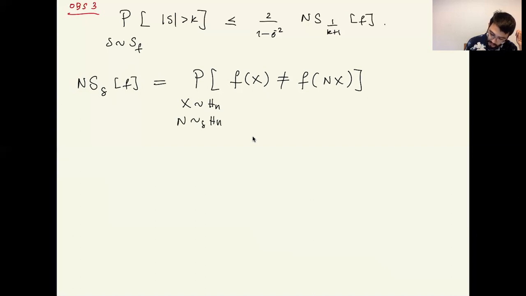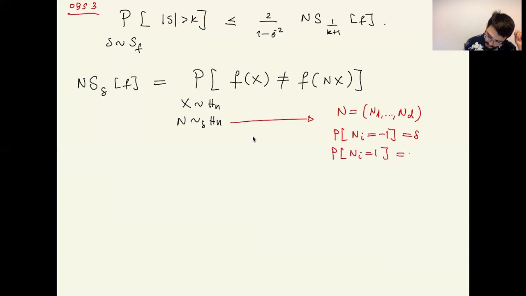What I mean by this is that N is made of IID random variables, also independent of the variable x, and such that the probability of n_i equals -1 equals delta, and the probability of n_i equals 1 equals 1 minus delta. Again, this is the standard definition we always use.